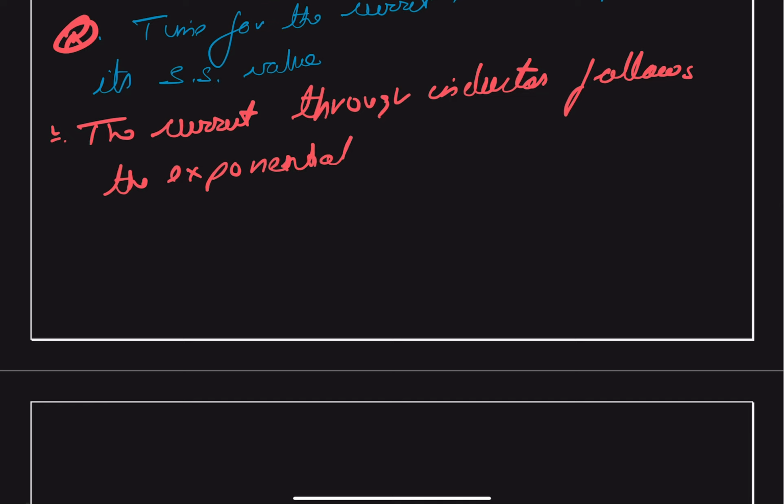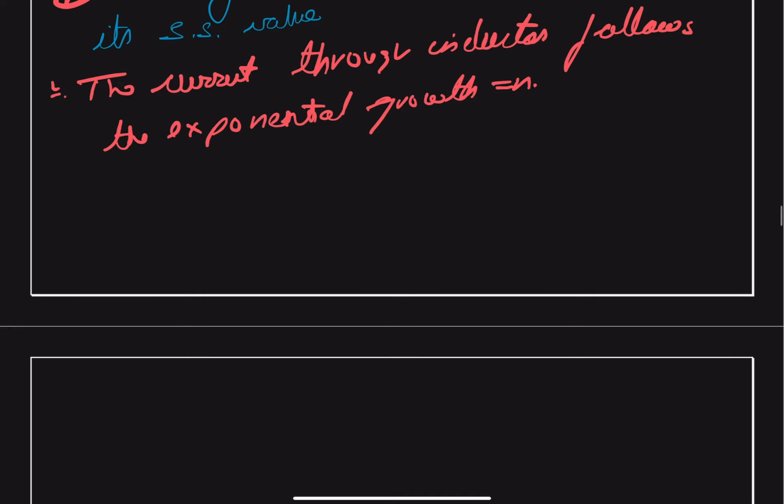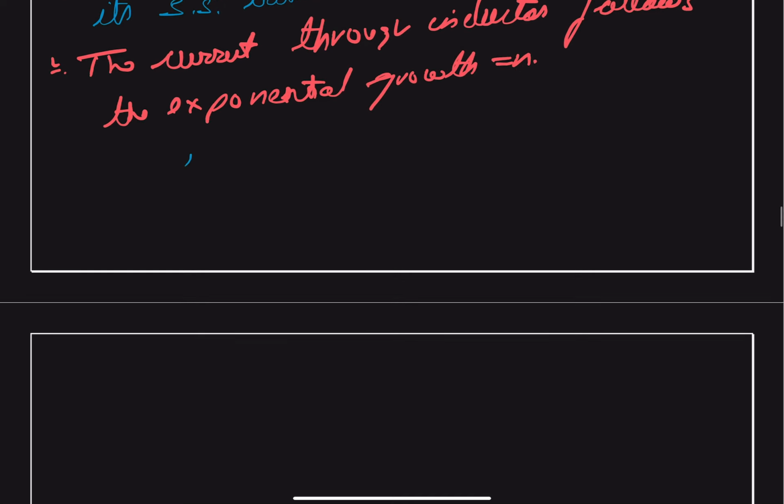The exponential growth equation, and we can write this as I is equal to I naught times (1 minus e to the power minus t upon tau). Here tau is our time constant.